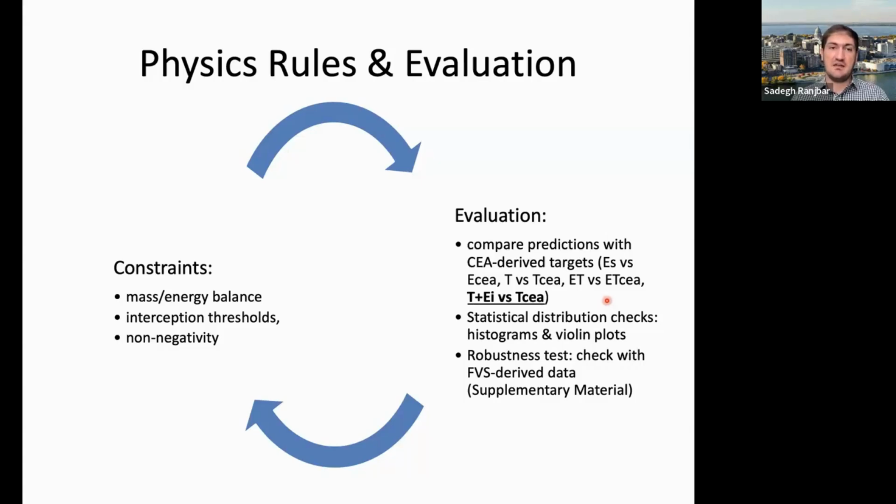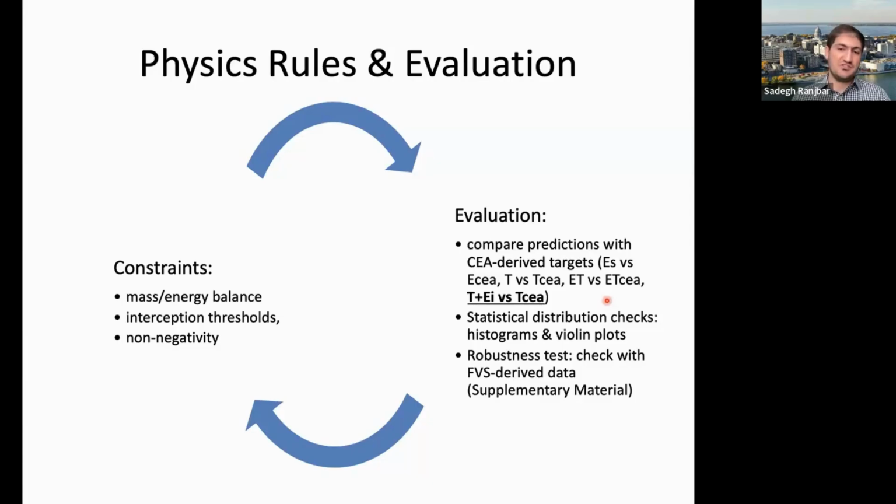This shows that, for example, if the fit for T plus EI against CA derived T is better than the fit between T and CA derived T, it shows that the assumption is true. At least we know that the model is working based on our assumption.